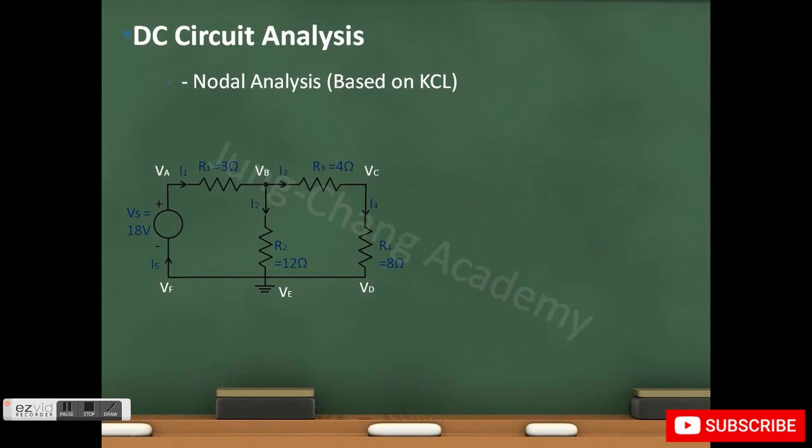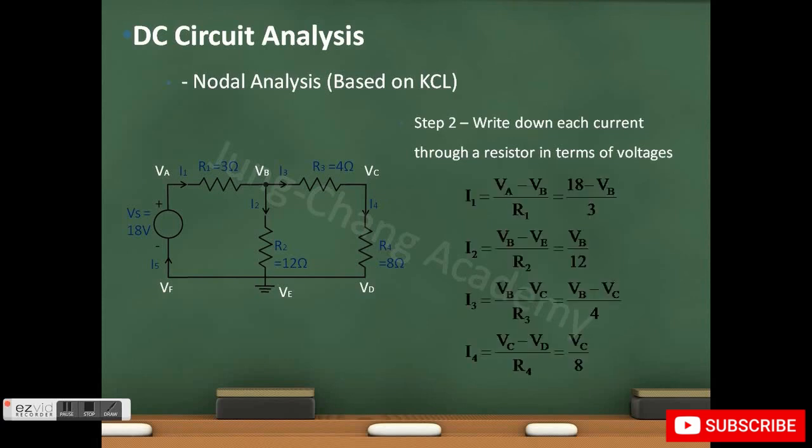Next, we're going to write down all the currents through the resistors in terms of voltages using Ohm's law. So in this case, I1 equals VA minus VB divided by R1, I2 equals VB minus VE divided by R2, I3 equals VB minus VC divided by R3, and I4 equals VC minus VD divided by R4.